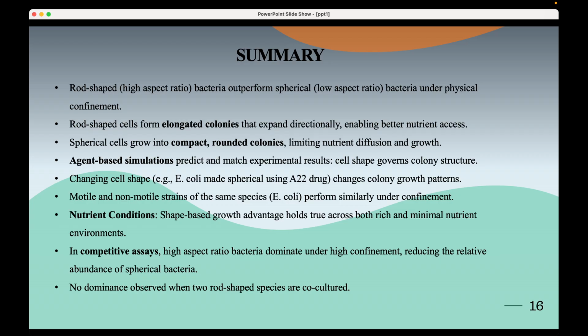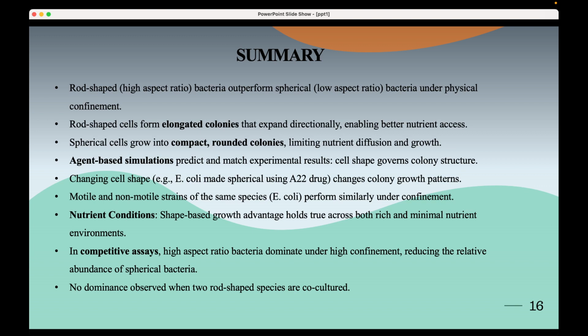And so, this study clearly demonstrates that bacterial morphology strongly influences colony structure and growth under confinement, whereas the rod-shaped ones can better exploit directional growth and nutrient access in tight spaces. See, the rod-shaped ones are the high aspect ratio ones, which outperform the low aspect ones. The rod-shaped ones form the elongated colonies, but the spherical ones grow into compact rounded colonies.